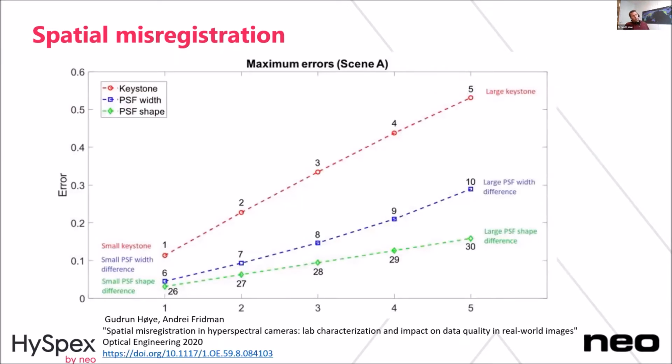Yeah, we have a few articles on this. This is one of them, where we are evaluating 70 different cameras with different performance. You can see here, and this is the relative error on the left, on the y-axis, that keystone has the largest contribution to the relative error, while PSF also had quite a large contribution, and also different shapes of PSF.